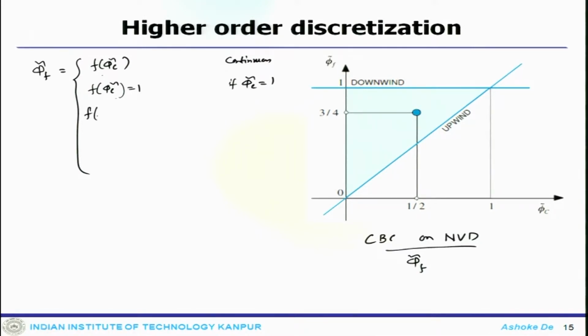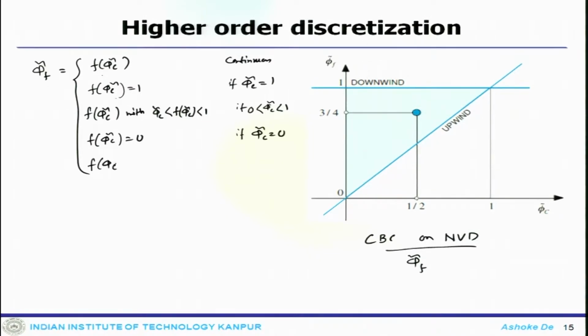In the other case, phi f tilde could be a function of phi c tilde with phi c tilde less than 1. This is the case where phi c tilde lies between 0 and 1. Or it could be 0, if phi c tilde is 0. Then the functional form would also be 0.